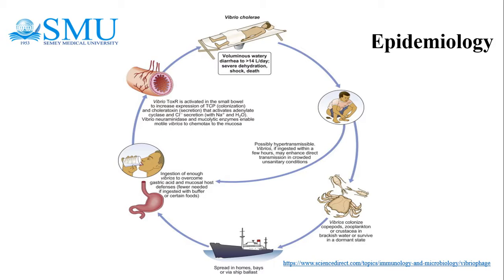And next is spread in homes, bays, or via ship ballast. And next is ingestion of enough vibrios to overcome gastric acid and mucosal host defenses. Fewer are needed if ingested with buffer or certain foods.